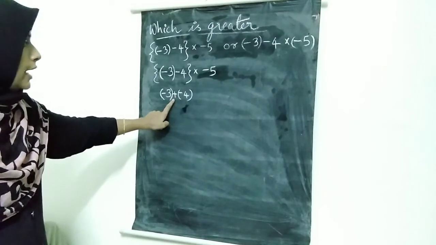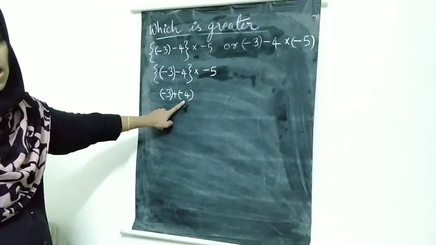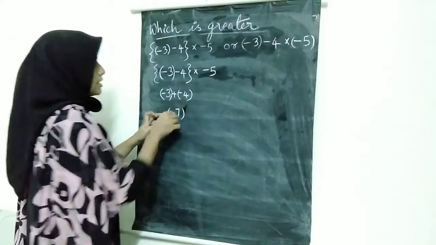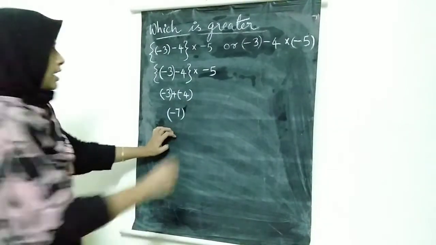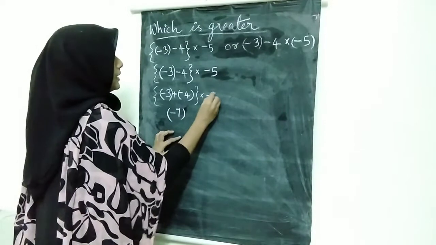You have to add two negative integers. -3 plus -4 is -7. Okay. Now we have solved the bracket. Multiply that with the -5.